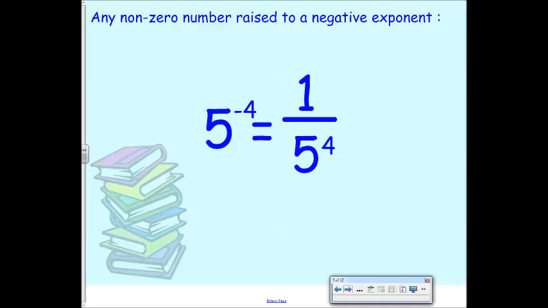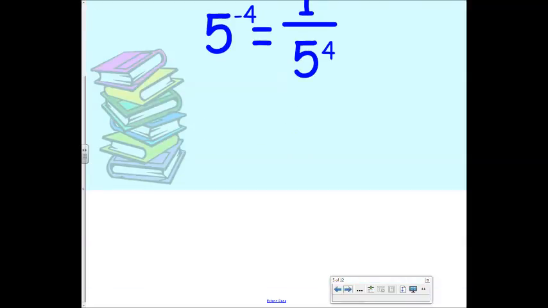But what did you do? You fractionized it? Okay, I fractionized it. Where did I put the 5? In the denominator. Okay, what happened to the exponent? It became positive. And then what do you put on top? 1. It's just 1 over whatever you have. So for example, if I gave you this, I said 8 to the negative 3rd, how would you write that?